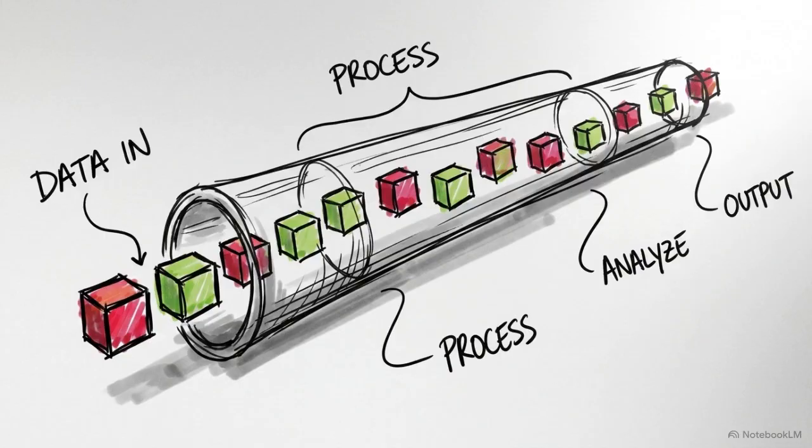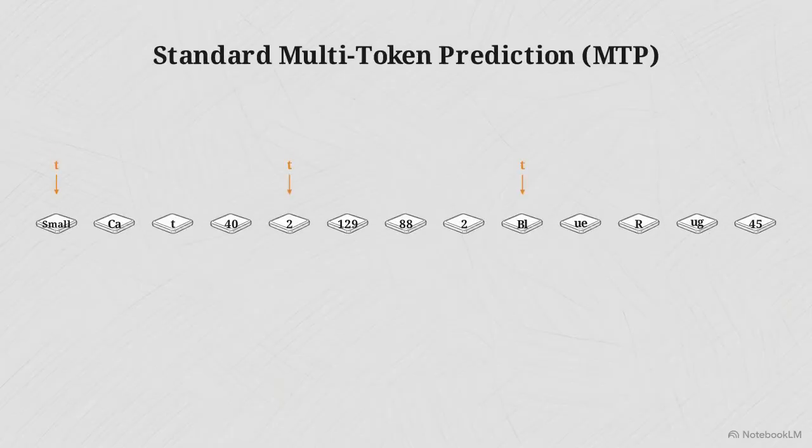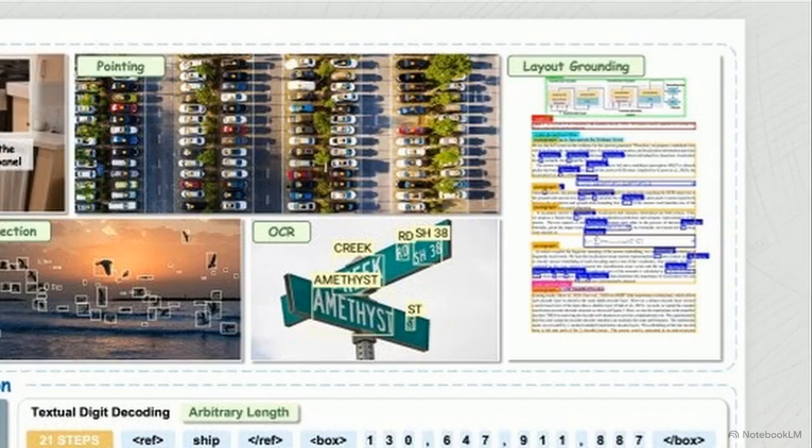Accelerating generation in standard language models often relies on multi-token prediction, or MTP. Standard MTP trains the model by selecting random positions in a sequence and teaching it to predict arbitrary spans of tokens in parallel. This figure illustrates standard MTP applied to spatial data. In the generic multi-token prediction column, specifically the unstructured sequences, arbitrary chunking breaks spatial boundaries.